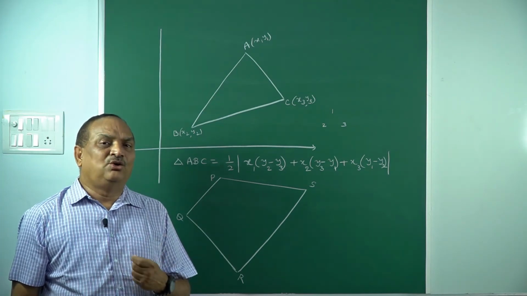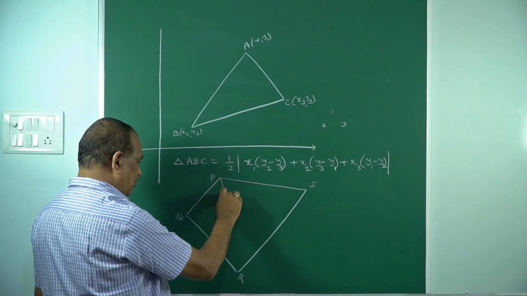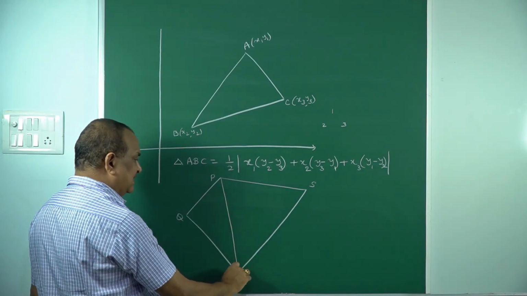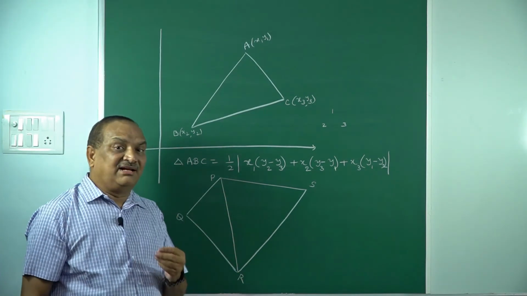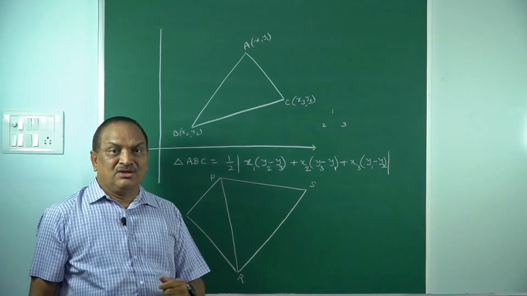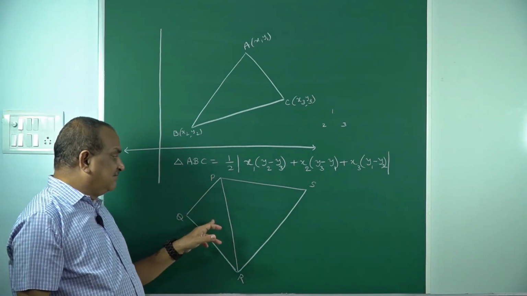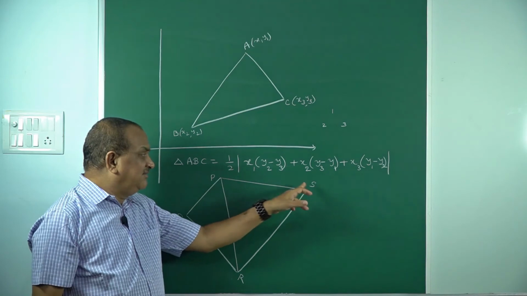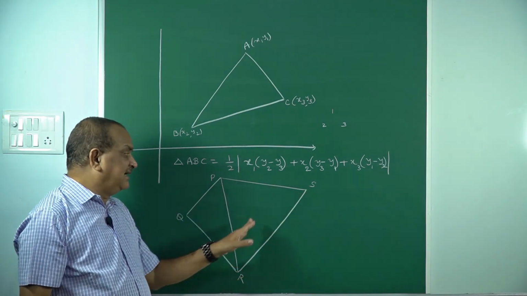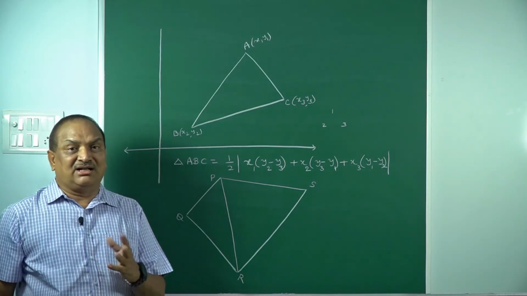But what we should do now is divide the quadrilateral into two triangles by drawing one of the diagonals, either this PR or you can draw QS also. Now, using three vertices, you find the area of this triangle, and using three vertices here, you find the area of this triangle. And later, if you add these two, you get the area of the quadrilateral.